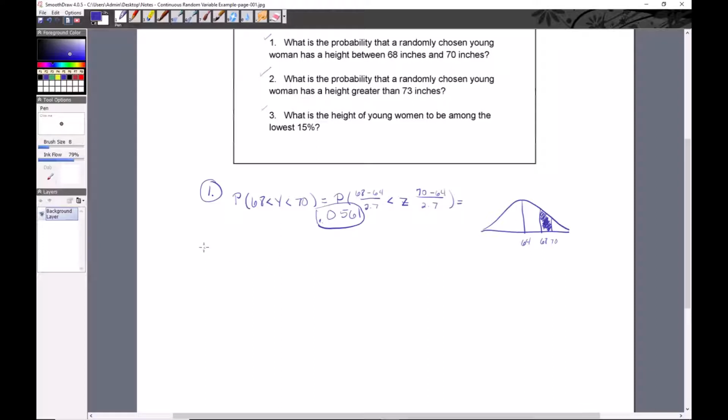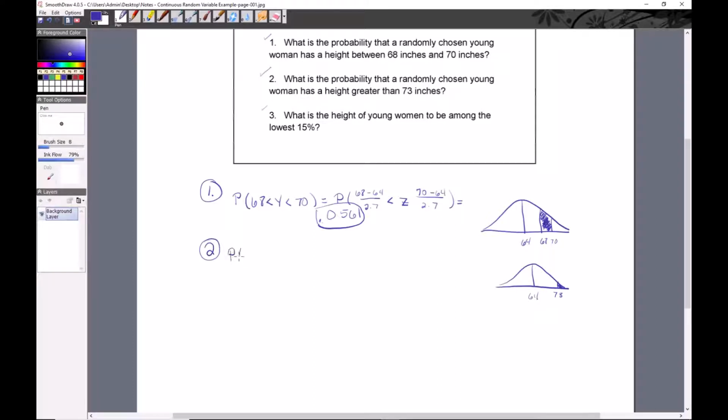Okay? All right, so we'll do the second one. And this one is, what, 73 inches or more? Greater than 73? So we'll draw this out. And here's 64. Now 73 is pretty far out into the tail, so don't expect a big probability for this one. All right?